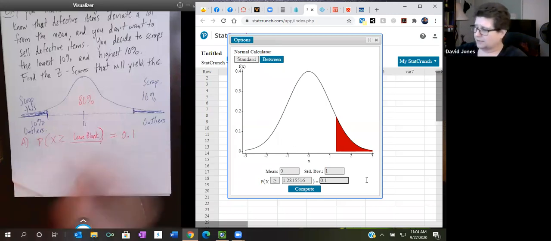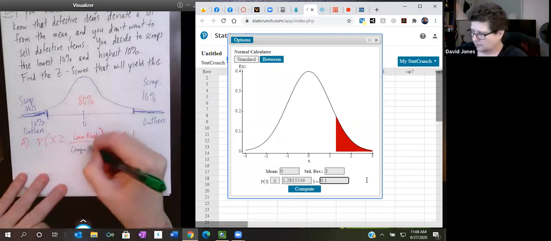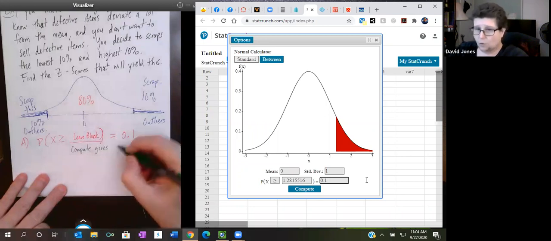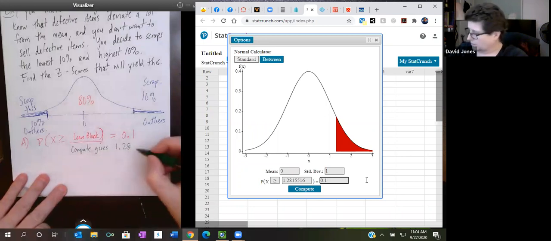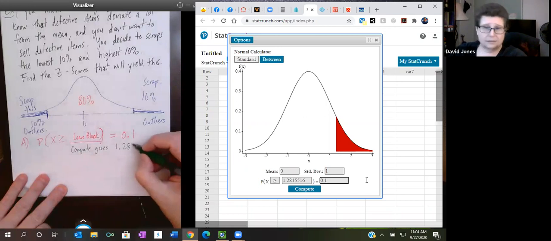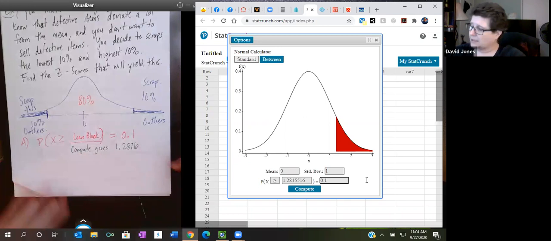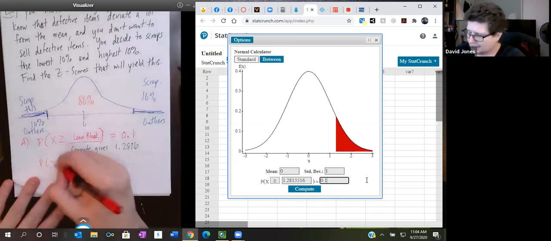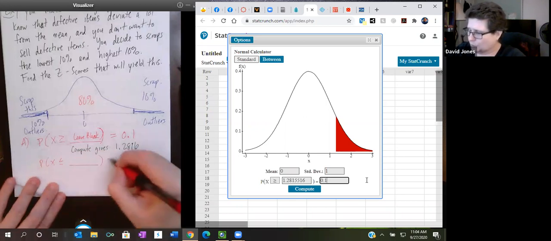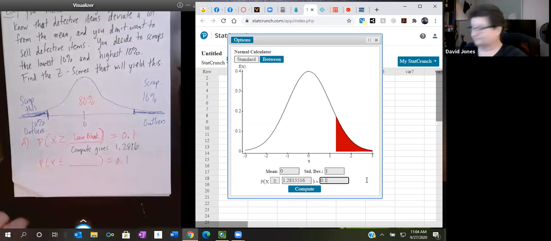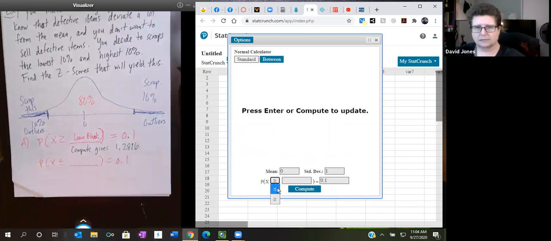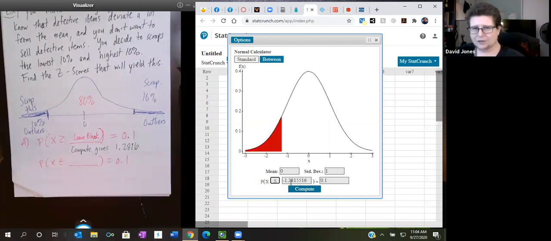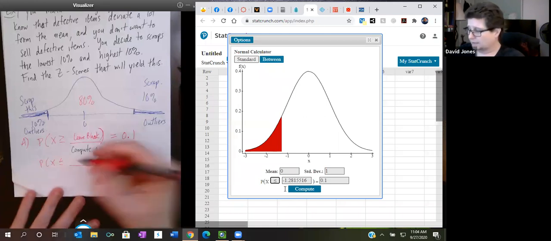Compute gives 1.28155. And then I can also do probability that X is less than or equal to blank equals 0.1. And notice it says negative 1.28.